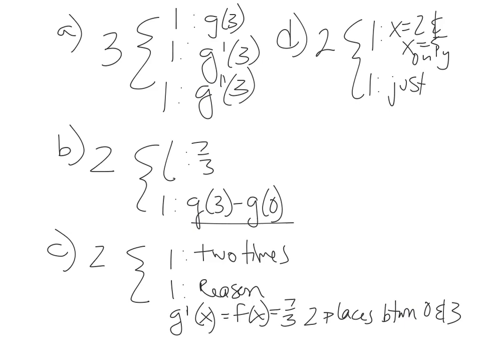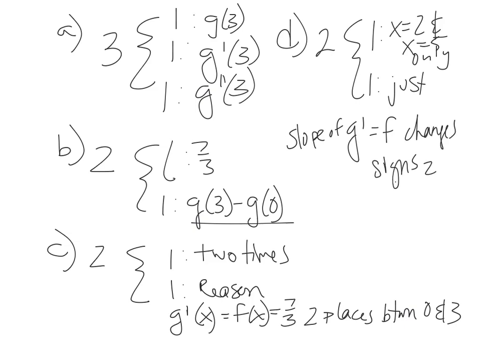And your justification needed to be because the slope of g prime, which was the same thing as f, changes signs 2 times, where they change signs at x equals 2 and x equals 5.